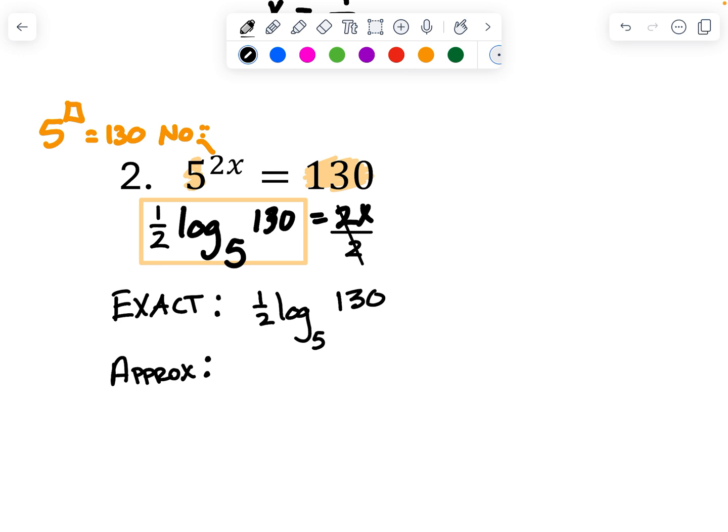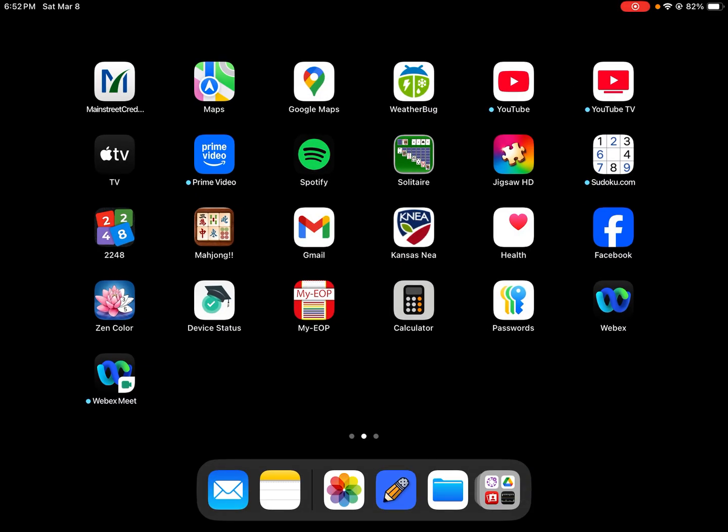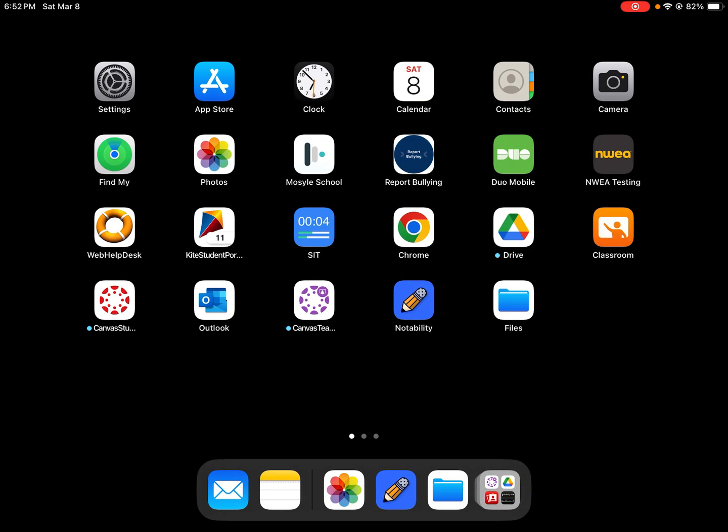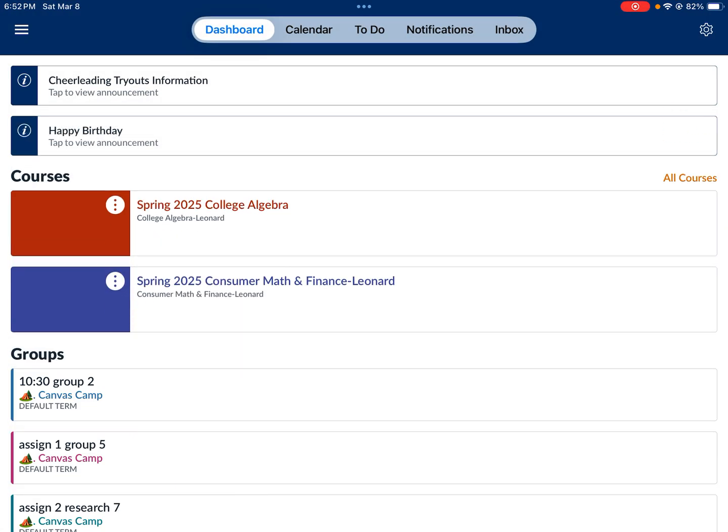Let me type it into the calculator for you. I need to type it, because I will never remember it. So I need to go out and open up Canvas, and open the calculator.